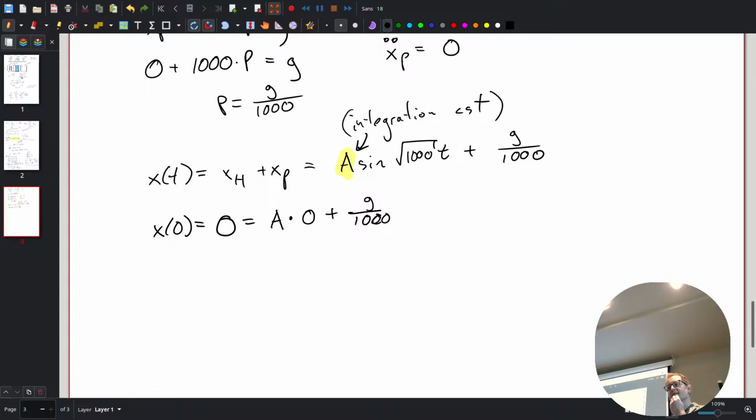What do we do with that? Zero equals zero plus g. G is zero, I guess. That makes sense. Gravity is just a figment of your imagination. It doesn't really affect anything.